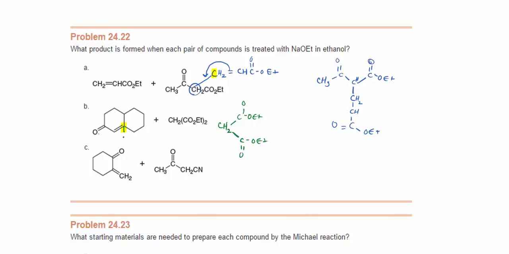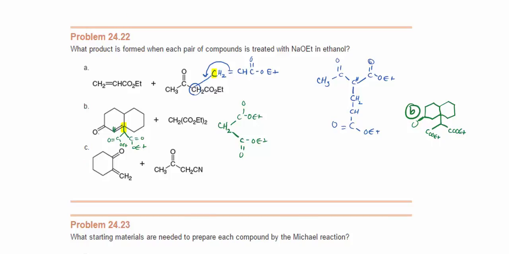So if I just draw it here, then you get an idea of what this is going to be. We hydrate this, so there is no double bond. So I drew it out here just to be as clear as I possibly can.